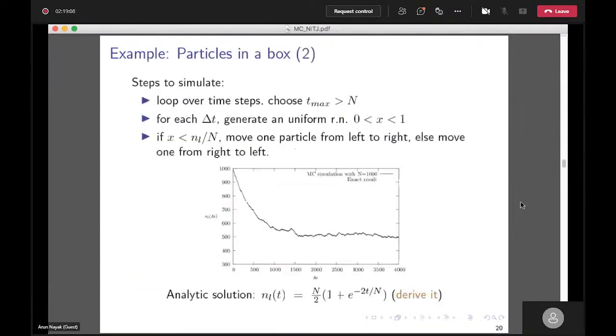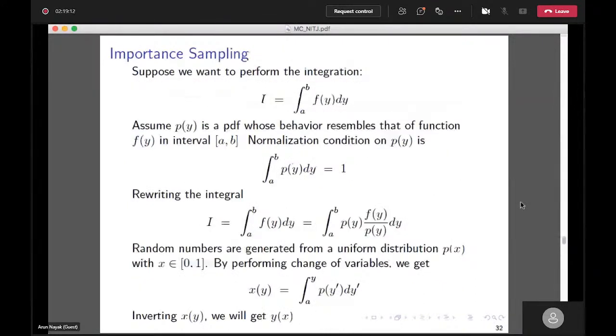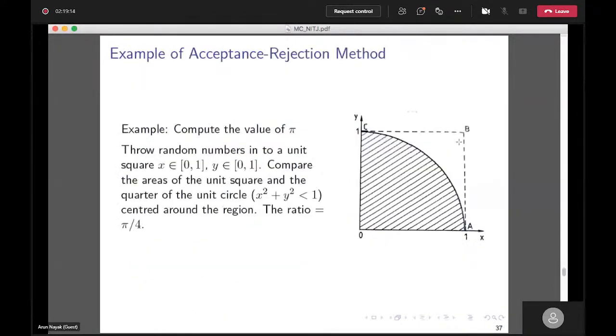But how does the computer generate? Computer cannot throw the darts. You are throwing the dart here. Throwing the dart means you are basically getting one point at a time, right? So you take the square, then you throw the dart. Throwing the dart means you are arbitrarily getting one point inside this region, right?